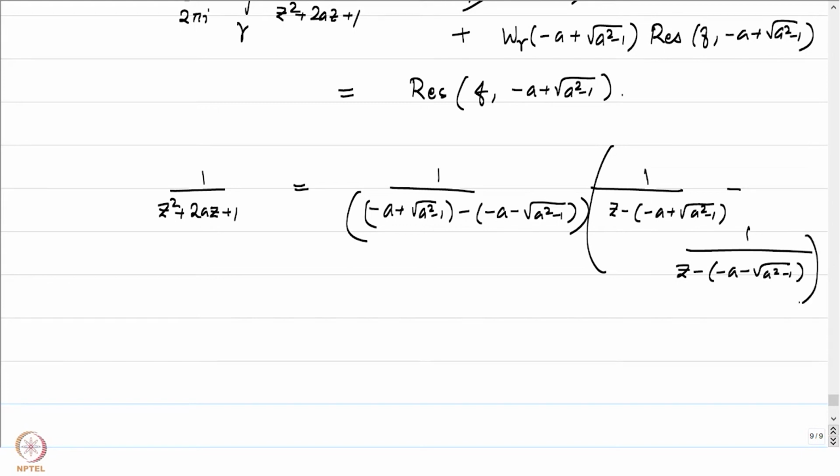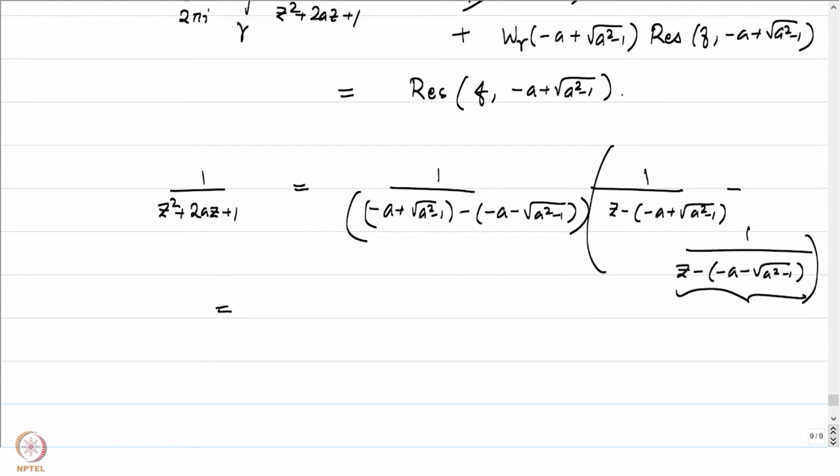Right. So now if you look at the residue of this function, notice that the second term is going to be a function holomorphic on the unit disk, because minus a minus square root of a square minus 1 is outside the unit disk, and what contributes is exactly this. Therefore, let me just write down the expression here.